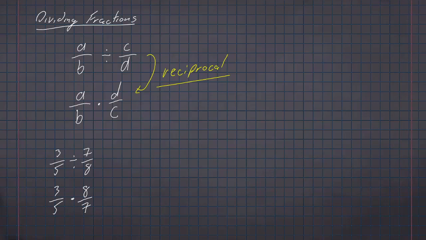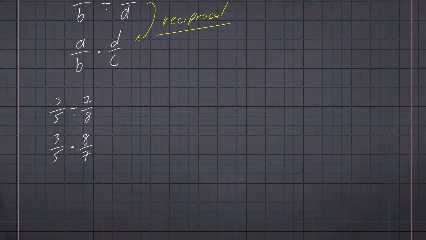Now it's a multiplication problem, and we can solve the multiplication problem simply by multiplying across. We can check to see if anything reduces, and we always should. In this particular case, nothing does. So 3 times 8 is 24, and 5 times 7 is 35. 3/5 divided by 7/8 is 24 over 35.